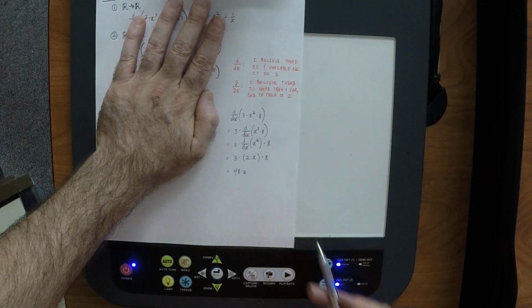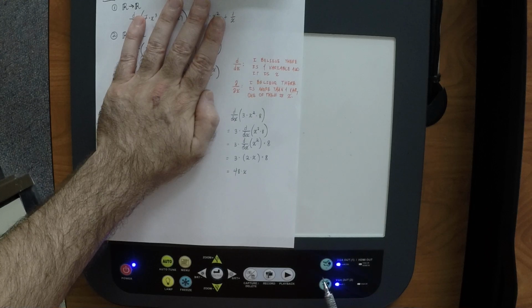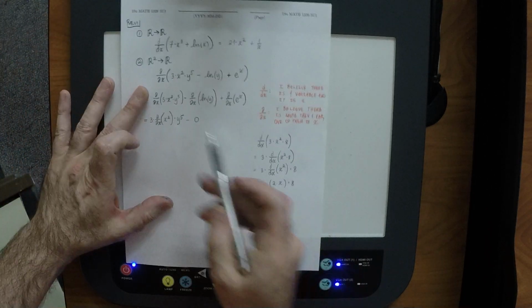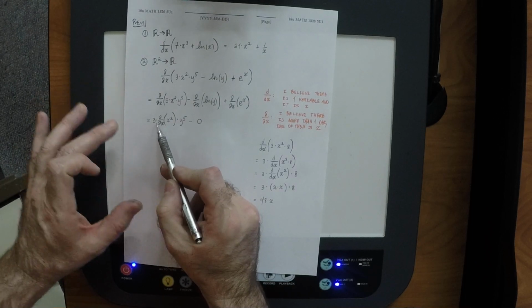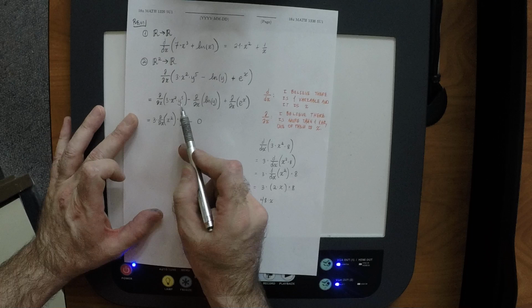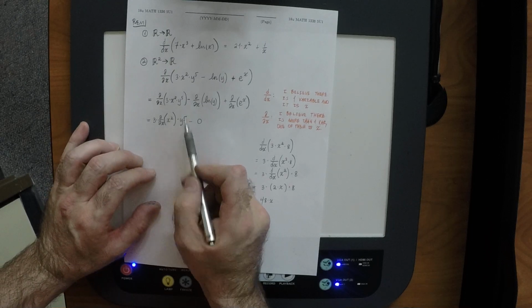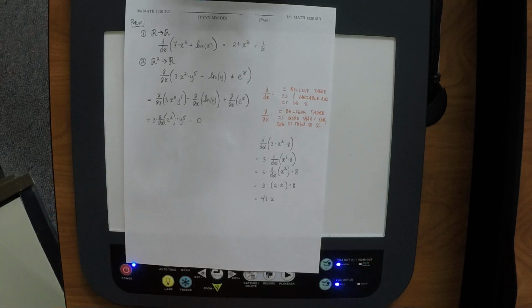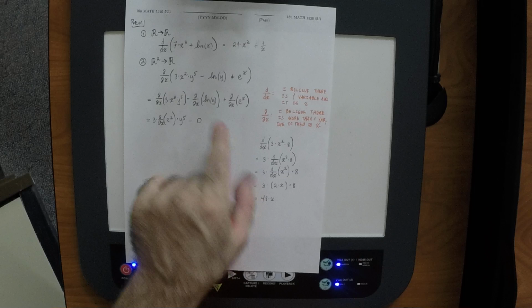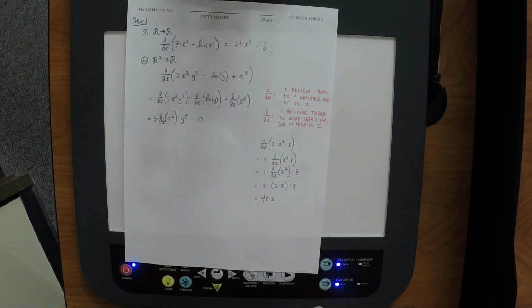But do you agree with all that I did there? What I'm telling you is that I factored the 3 out because it's a constant. I factored the y to the 5 out because it's a constant. It is multiplication, so that's why. The other ones are subtraction. Right, that's a subtraction.